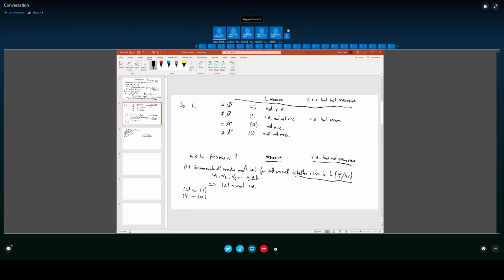And so by the same token, of course, this is not RE. Same argument as before. This one is recursively enumerable, but not recursive. Therefore, the complement, which this is of that, is obviously not RE.